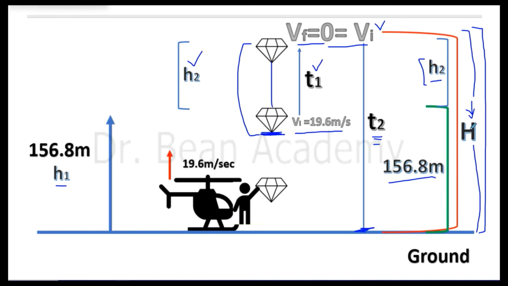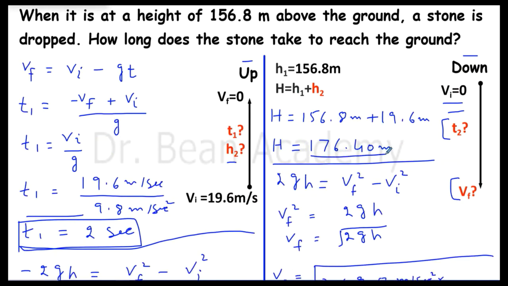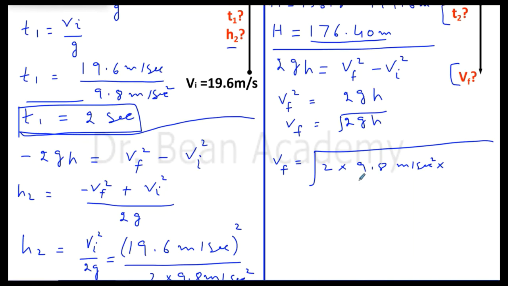I have shown it as capital H, but in the formula it is shown as lowercase h, but it is actually the total height from the maximum height to the ground. So this total height is 176.40. So don't make a mistake to enter either h1 or h2. No, enter the sum of h1 and h2, which is 176.40.